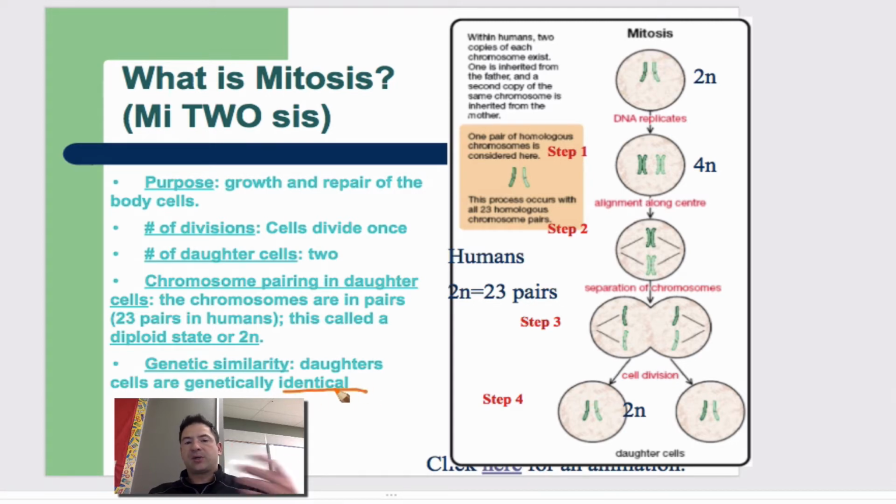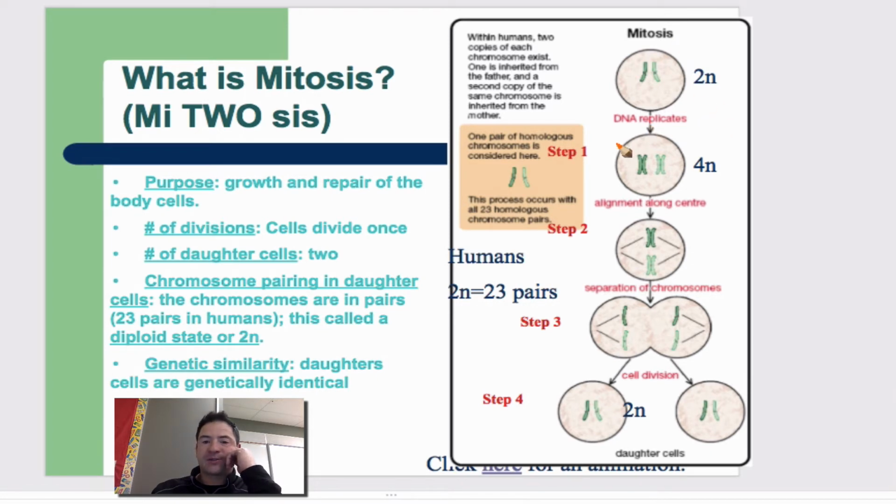And so we're going to compare mitosis, again, for growth and repair of body cells, what we call somatic cells, and we're going to see the difference between that and meiosis. So what I need you to do is take a look over here at this process.